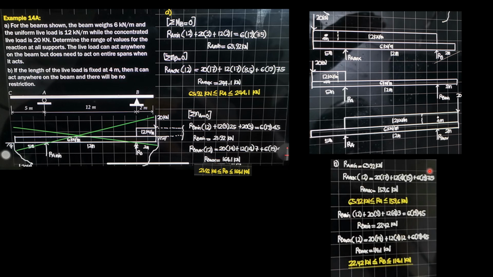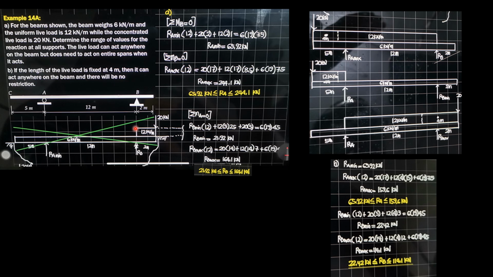So that's why for RA minimum, this was the figure for RA minimum. So it is 4 meters. Again, only 2 meters will be loaded, the other 2 meters on the road here. So that's still 12 meters. This is the negative part.